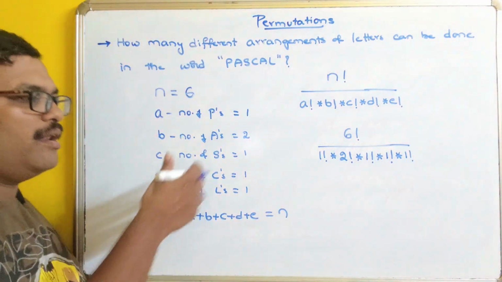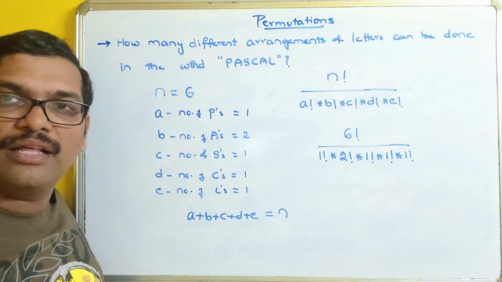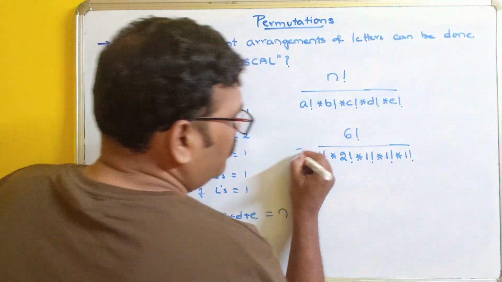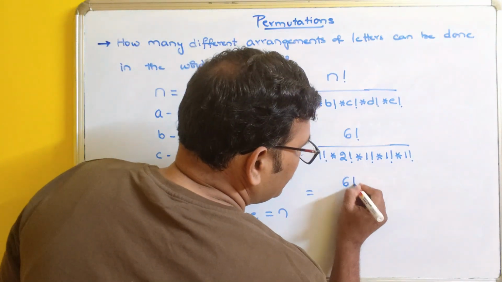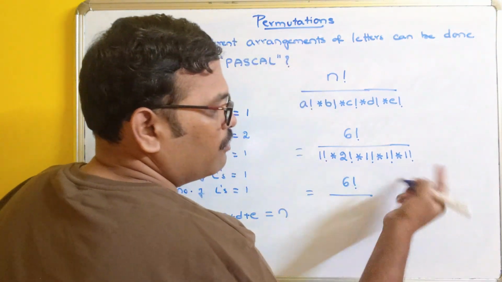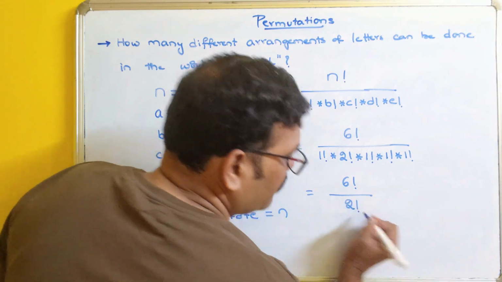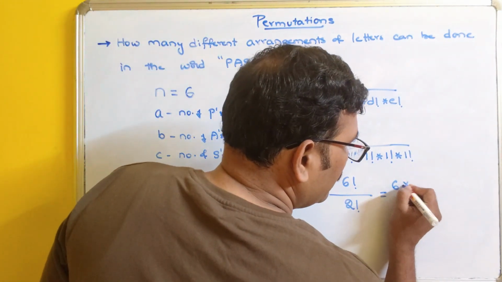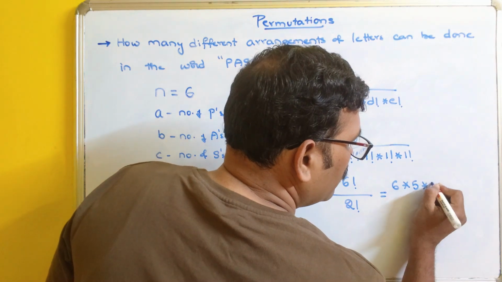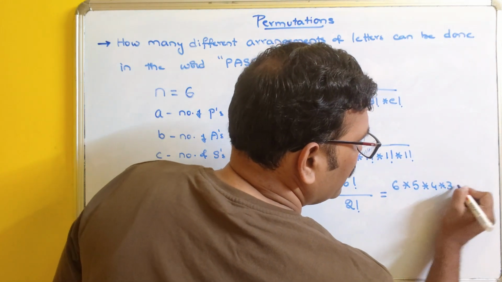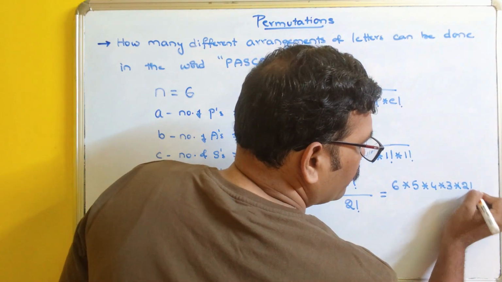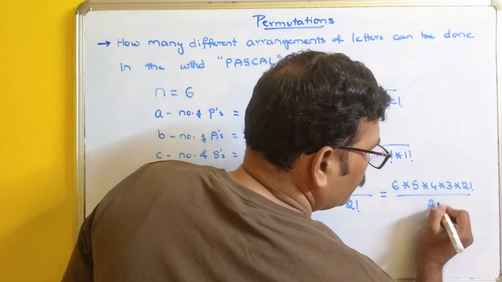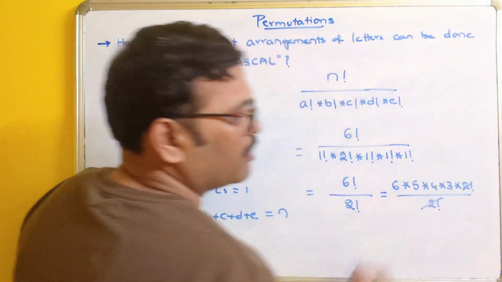If there are different numbers, we have to take that particular number. So it will be 6 factorial by all ones, so it will be 2 factorial. This can be written as 6 into 5 into 4 into 3 into 2 factorial by 2 factorial. So you can solve it.